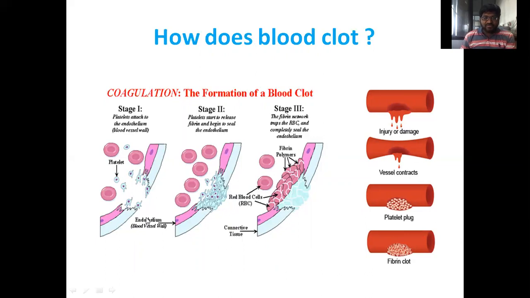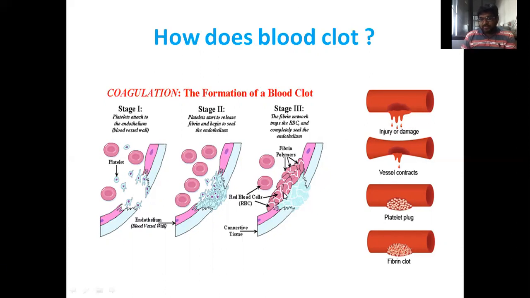In the second step, the platelets start to release fibrin and begin to seal the endothelium. Here the platelets secrete the fibrin protein that acts as a seal at the site of the injury. In the third stage, the fibrin network traps the RBCs, the red blood cells, and completely seals the endothelium.